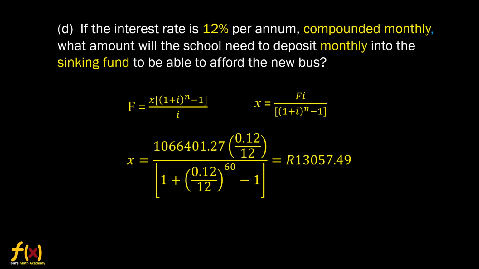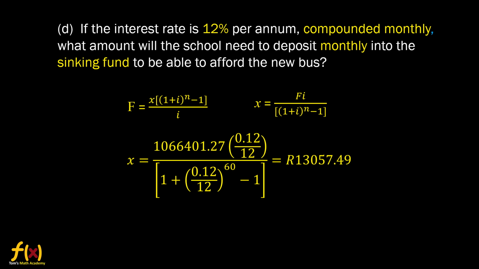Now we use it and substitute into the formula. We get the monthly installment 13,057.49. Okay, that is how we answer the sinking fund question. The question is a very long question.